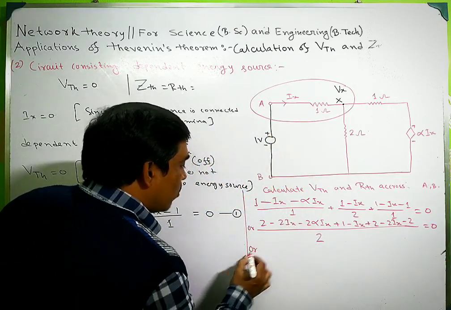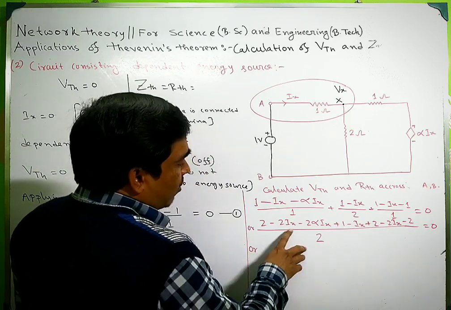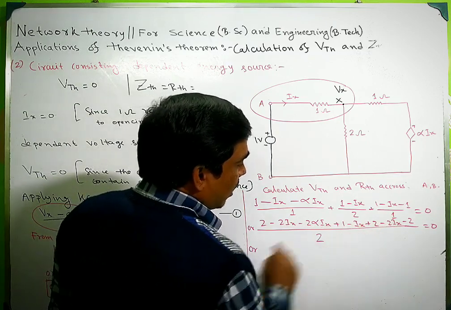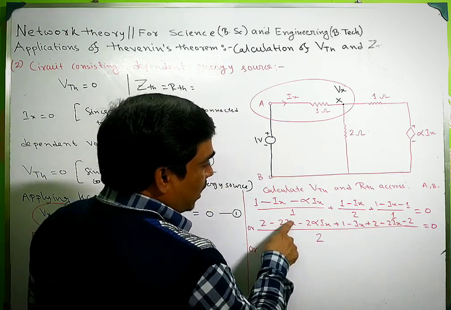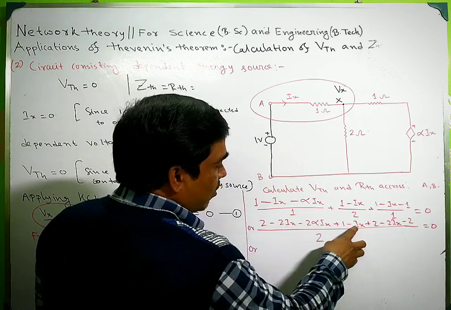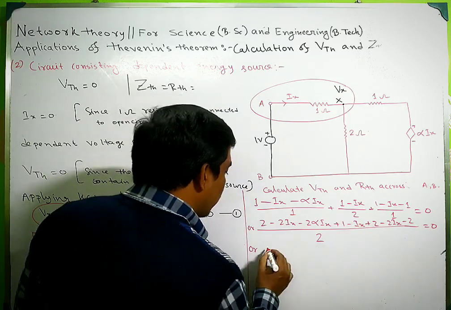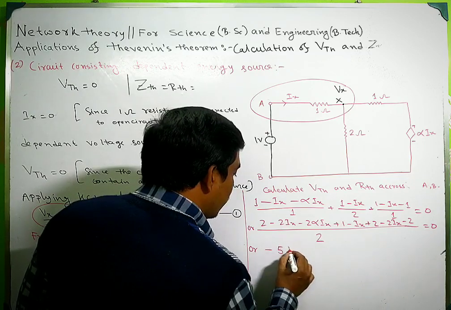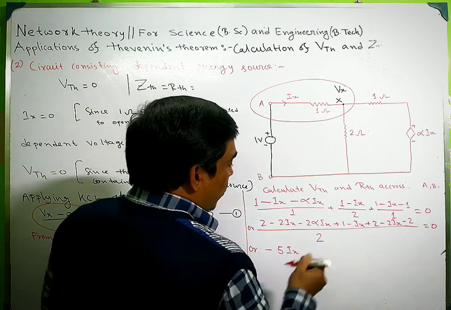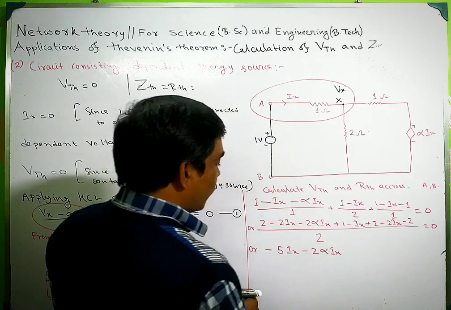Now collecting the Ix terms: minus 2, minus 2, minus 1, so minus 5Ix, and minus 2 alpha Ix.